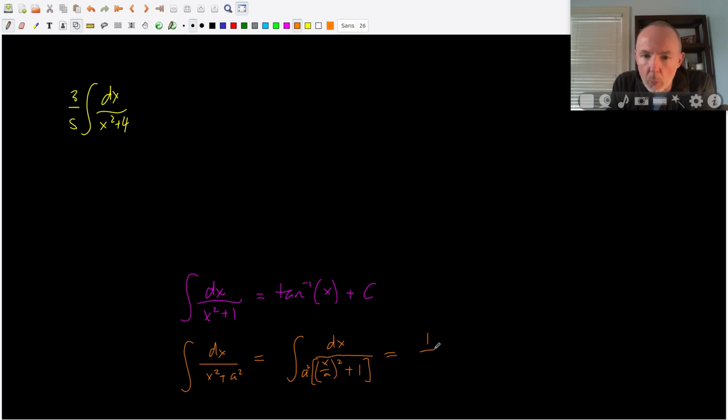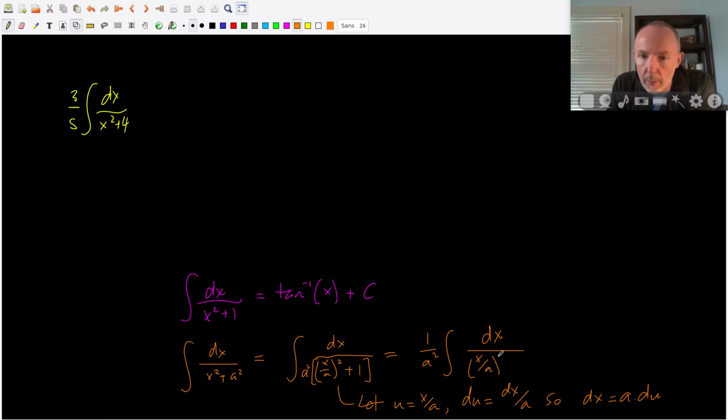So this is 1 over a squared, the integral of dx over, and I'm going to call this u. So we're going to put u equal to x over a, and then we can work out du. du is dx over a. So another way of saying that is dx is equal to a times du. And so I can rewrite this thing as 1 over a squared, the integral of, well, dx is a du, and then we're left with on the bottom u squared plus 1.